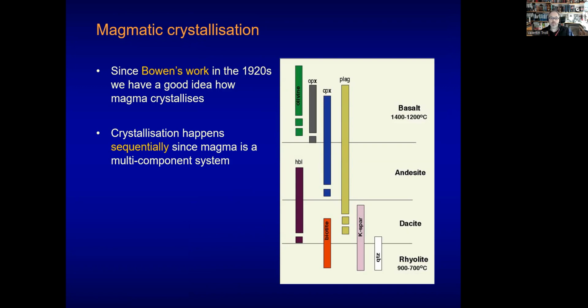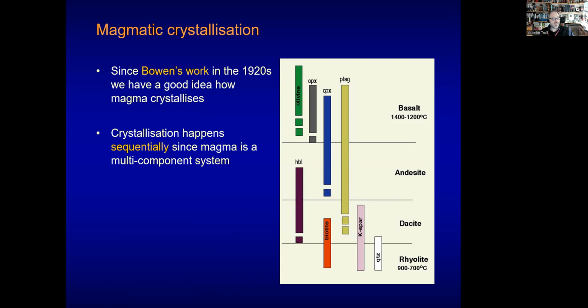Darwin realized that minerals can segregate in lava, and later Norman Bowen, a pioneer in the 1920s, did experiments, and he created a little system that we can still use, broadly speaking, today. So since Bowen's work, we have an idea that if we have a low silica rock and that crystallizes and cools, then we make olivine, pyroxenes, orthopyroxene and clinopyroxene, but also plagioclase.